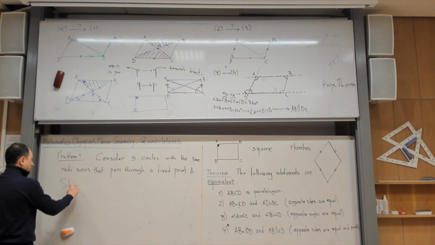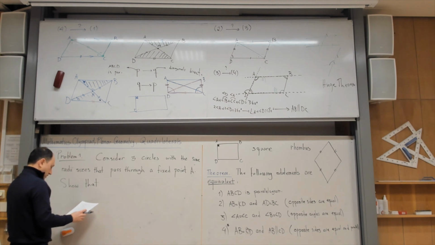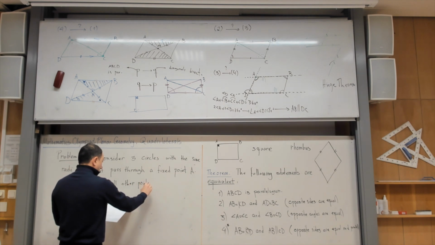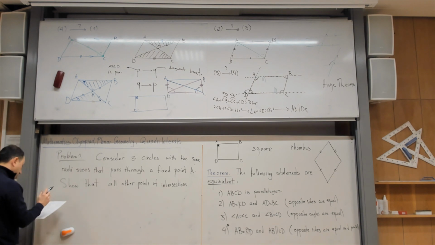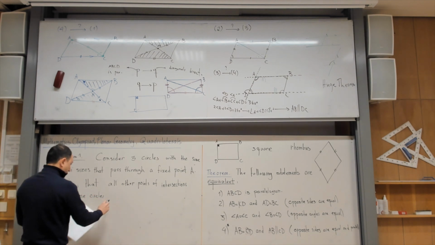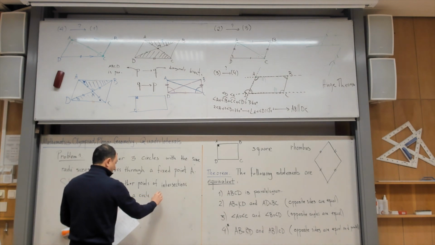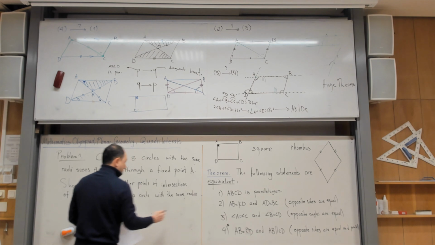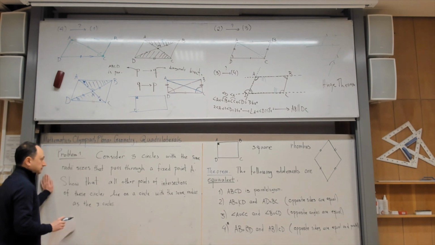Show that all other points of intersections of these circles lie on a circle with the same radius as the 3 circles. Okay, so all of the points besides A lie on a circle.